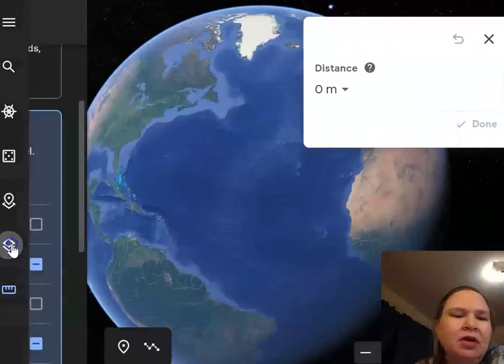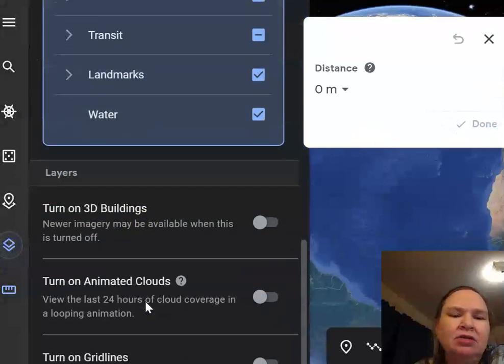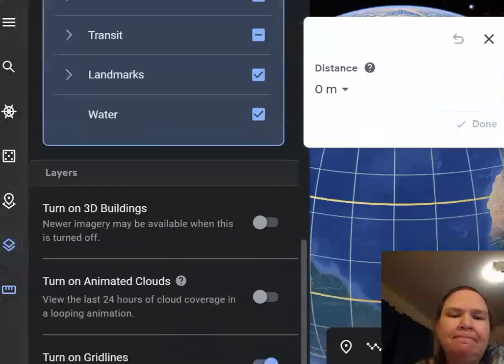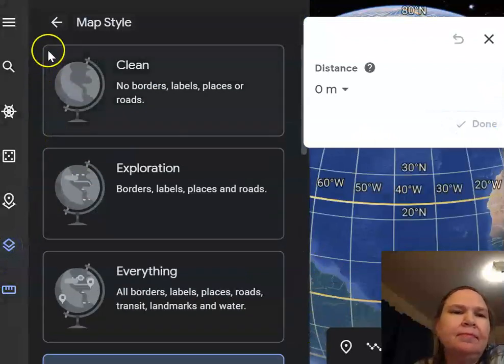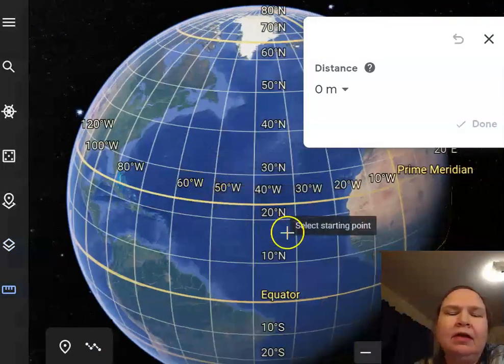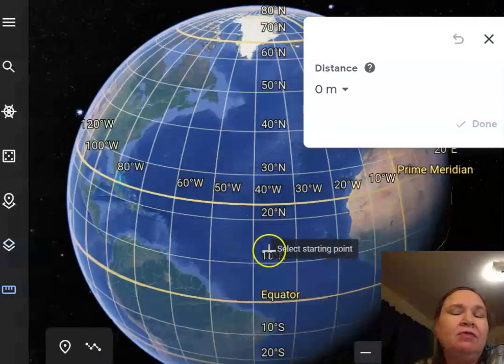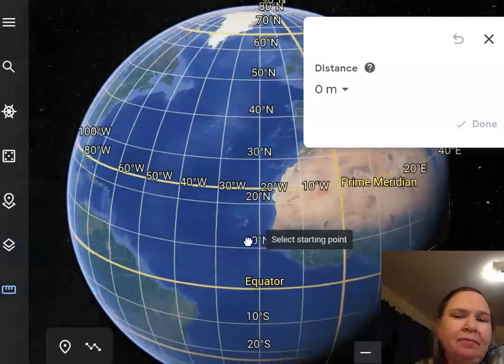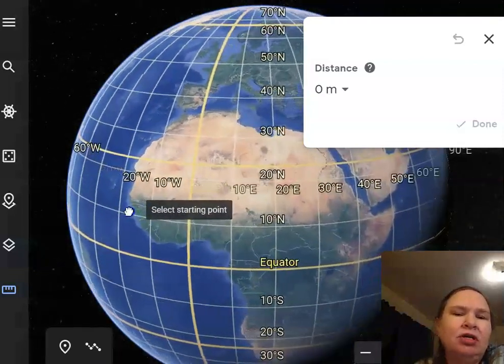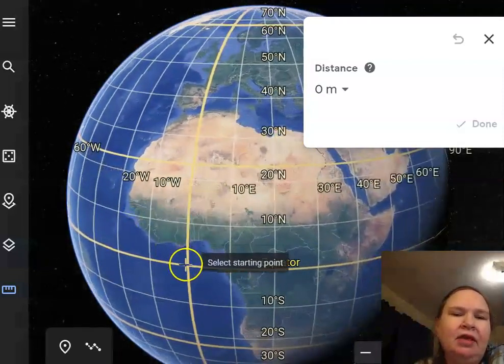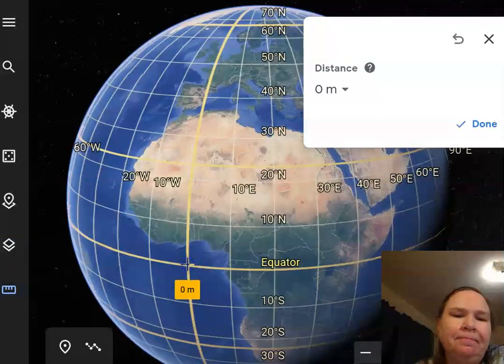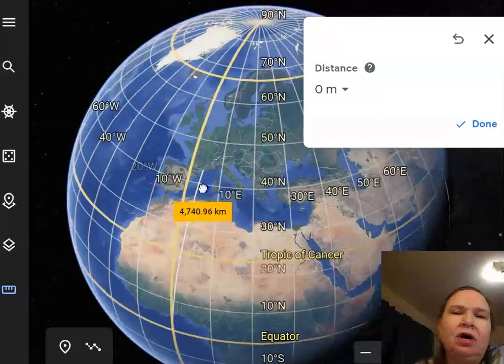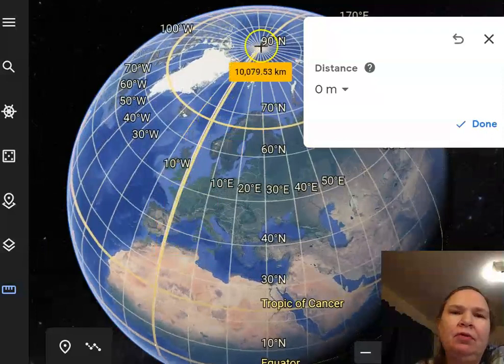And so for this triangle, I want to turn my latitudes and longitudes on one more time. This is going to be a very, very big triangle. I'm going to start at the equator, and I'm going to go up to the North Pole.